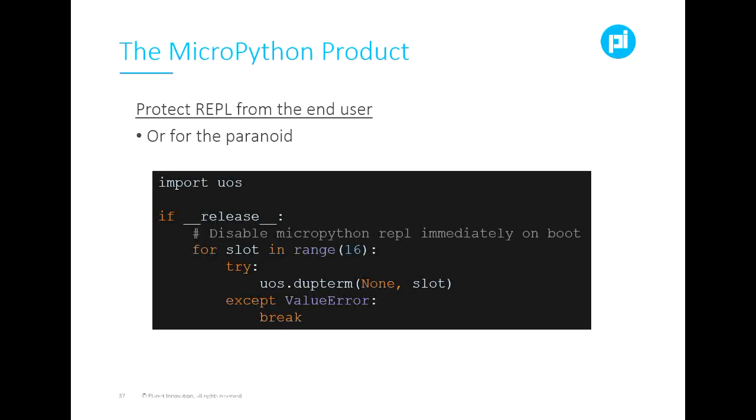However, if you want to be really pedantic about it, the os.dupterm module can be used to connect the REPL to multiple serial ports or multiple inputs, or in this case, disconnect them from all. So now there is no live connection to the REPL at all. Therefore, your end users need never know that there is a MicroPython hiding deep inside your embedded chip.